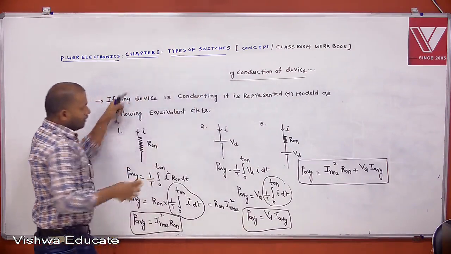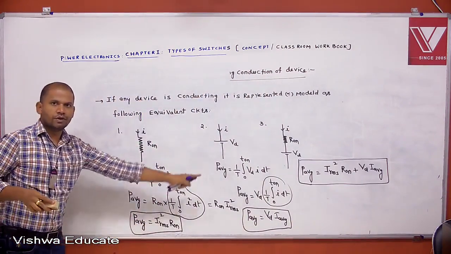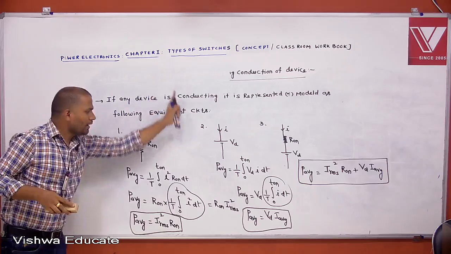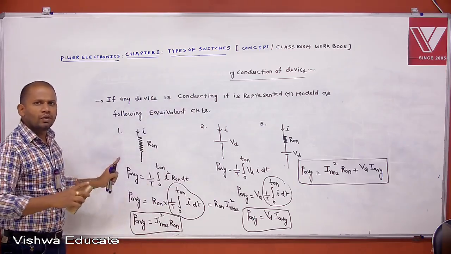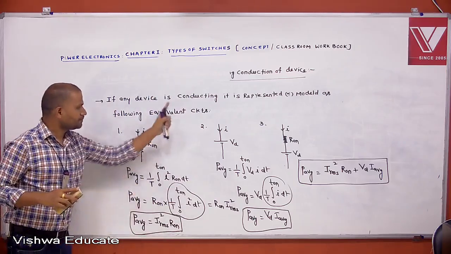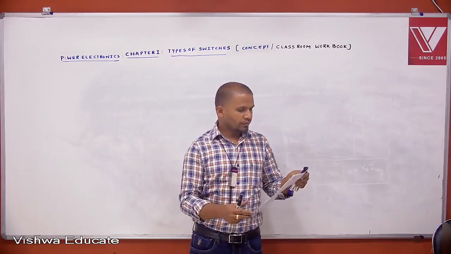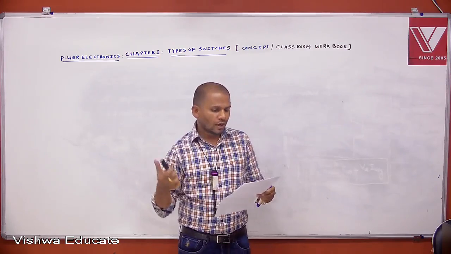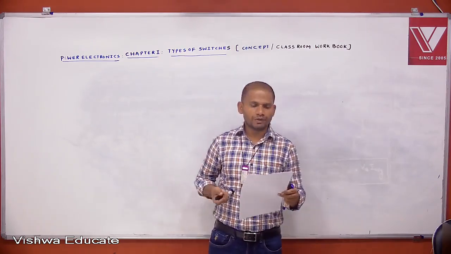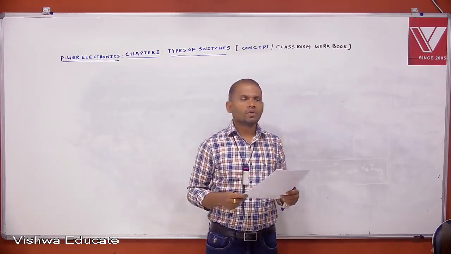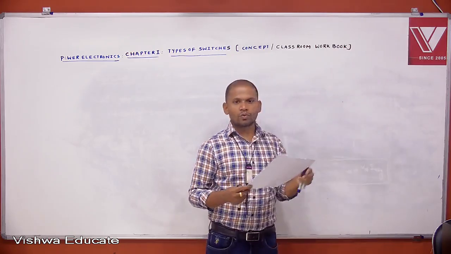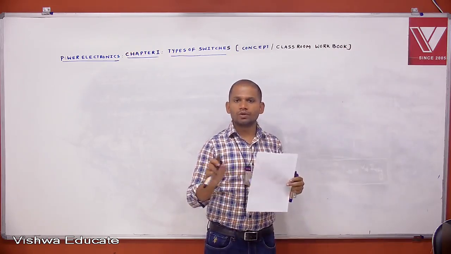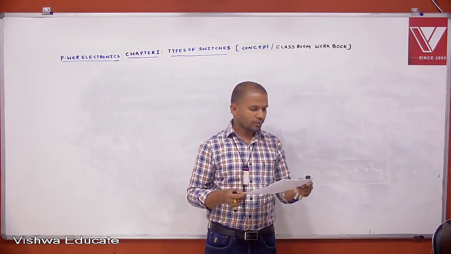Okay. I hope you have noted down this one. I told you already, note down all these concepts in parallel as you listen. Here I am solving chapter 1, types of switches concept. Go for the classroom workbook. I think this classroom workbook is available to you.